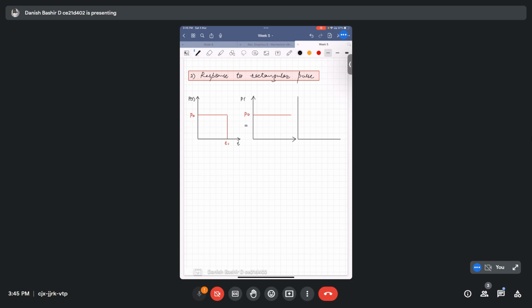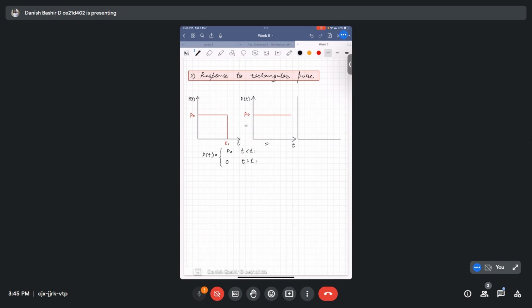P of t is equal to P naught for t less than t1, and it is 0 for t greater than t1. But in the first step pulse, it is equal to P naught for the whole time duration.